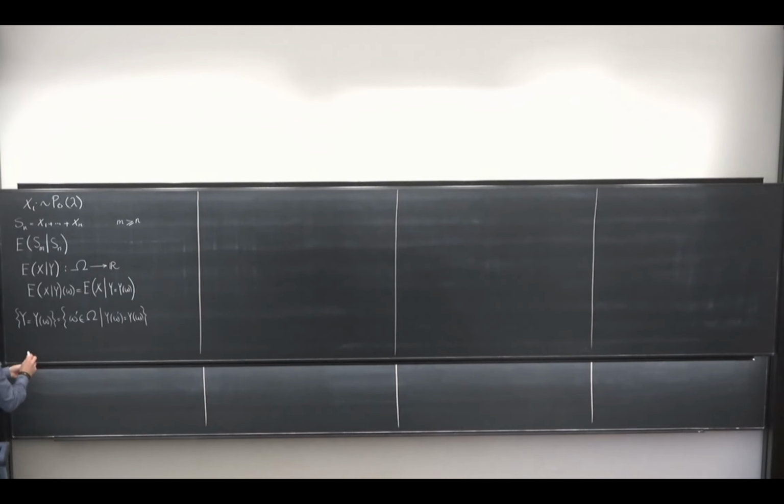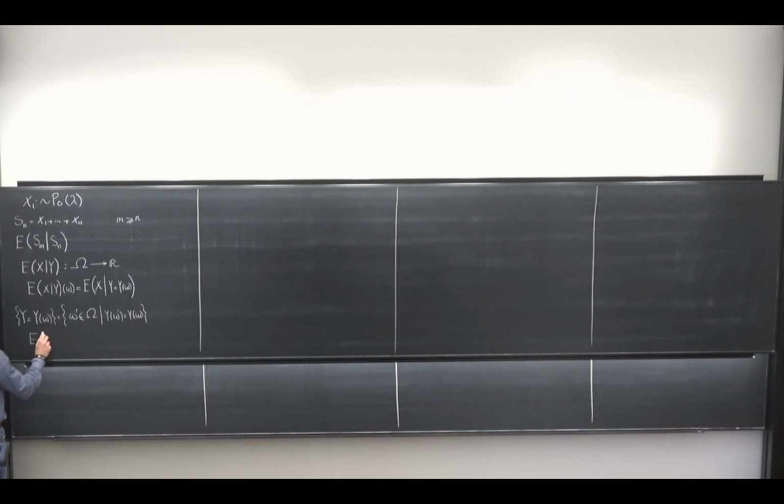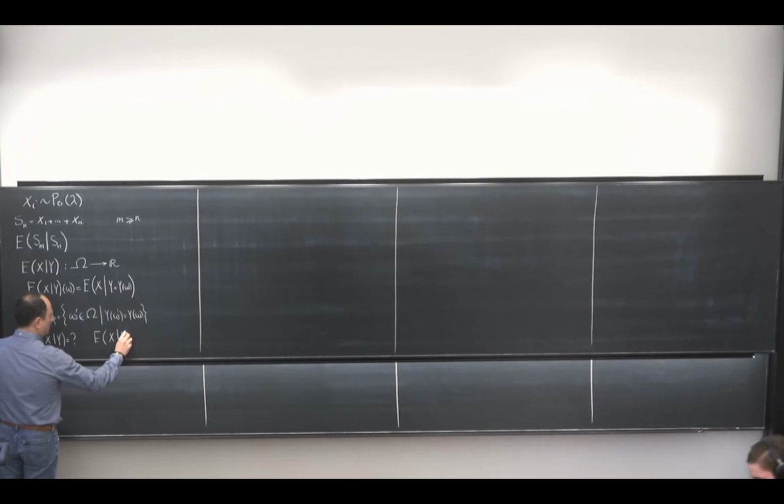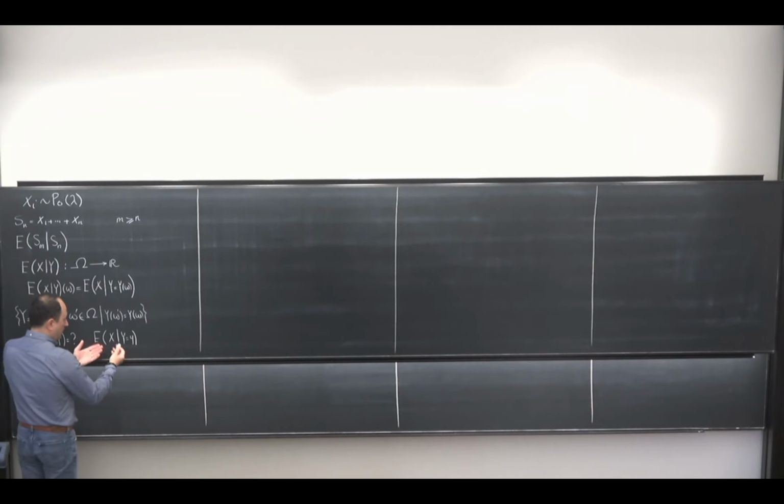Whenever you want to calculate this, my advice for you is that if you want to know what this random variable is, it means that you want to know what a function is. If you want to know what a function is, it is better to know how it acts. So I will start with writing this. Okay, and my thing is that let us say that I calculate this and it becomes a function of y, of course, because y is given, a fixed number, and then you calculate the expectation of the random variable X if y is given.